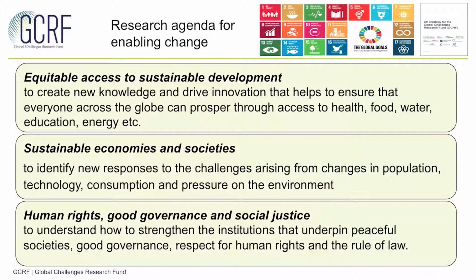Within the GCRF strategy, there are a few different strands that are deliberately broad and try to identify opportunities where all expertise across the global research community can contribute and play a key role. These are intended to give a sense of direction, and generally the expectation is that projects and programmes will look to tackle more than one of these key areas, or to look at the interfaces between them.